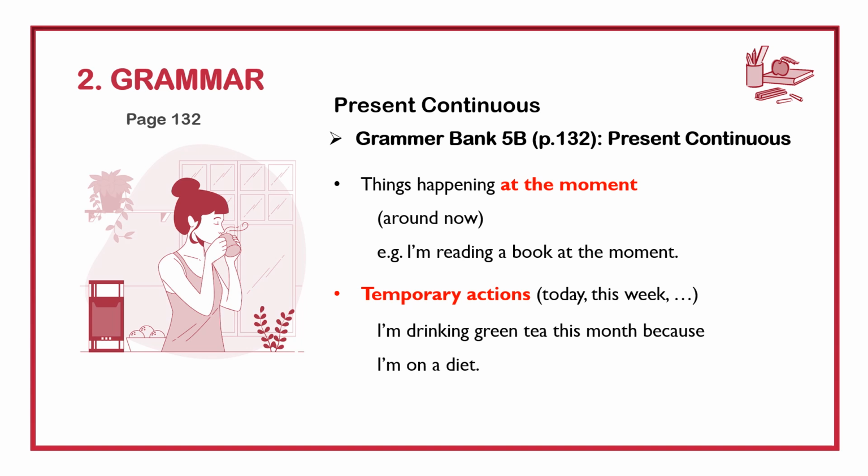So this means that maybe I used to drink something else, another type of drink last month. For example, maybe I drank coffee or normal tea or juice. And this month is exceptional because I'm on a diet. So this is a temporary action that I'm in the middle of right now. For this case, we also use present continuous.